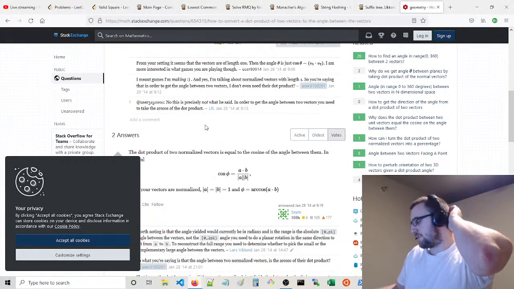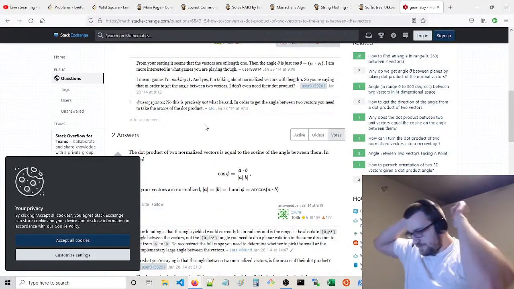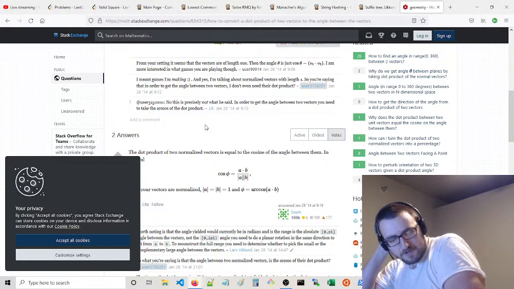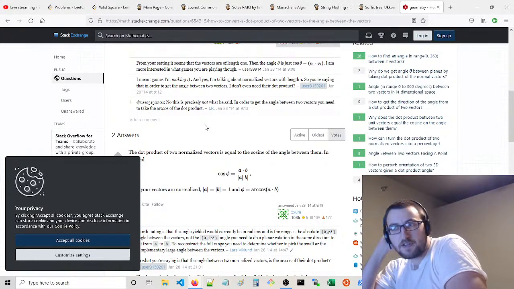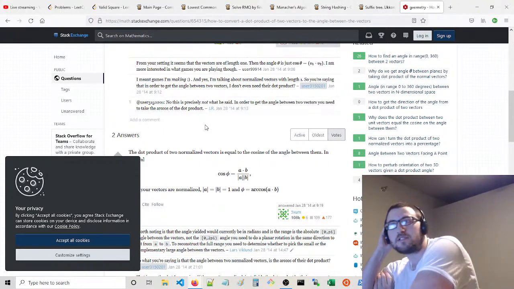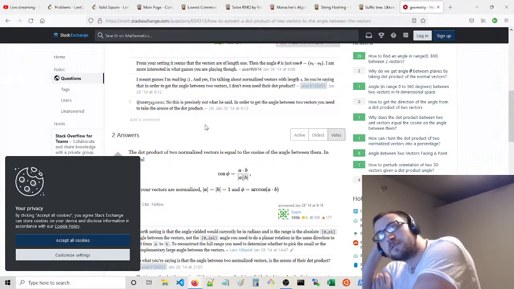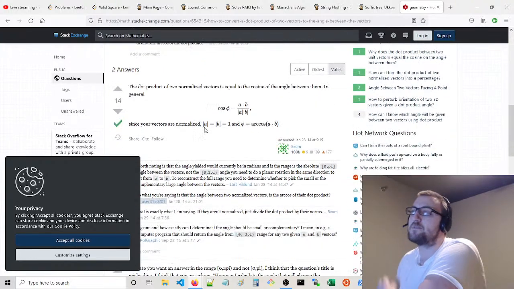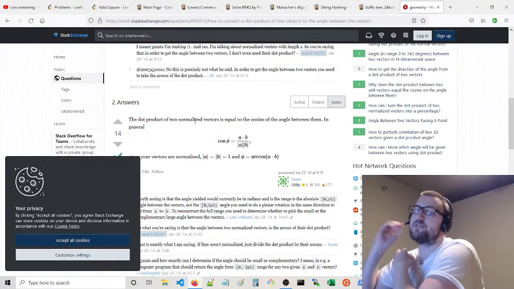What's interesting is, to get a vector between 2 points, you take the difference between the coordinates of the points, because there are actually 2 vectors to the points, and you take the difference between those 2 vectors. The dot product of 2 normalized vectors is equal to the cosine of the angle between them, and you need to normalize the vectors in general.